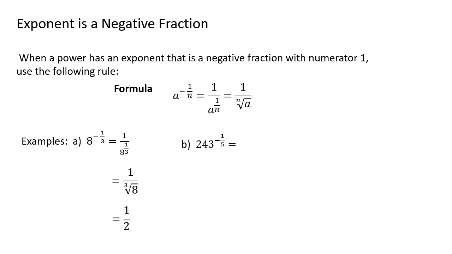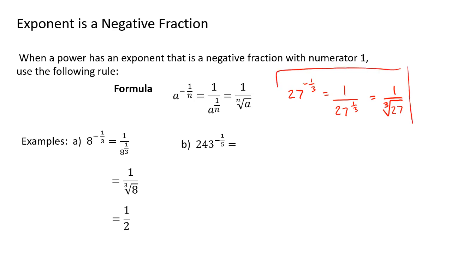So if we had, let's go back to an example, 27 to the exponent negative 1 over 3. Using this rule for negative exponents, that's the same as 1 divided by 27 to the positive exponent 1 over 3. And if you wanted to show that as a root, it would be 1 divided by the third root of 27. Third order root. All of these are interchangeable.